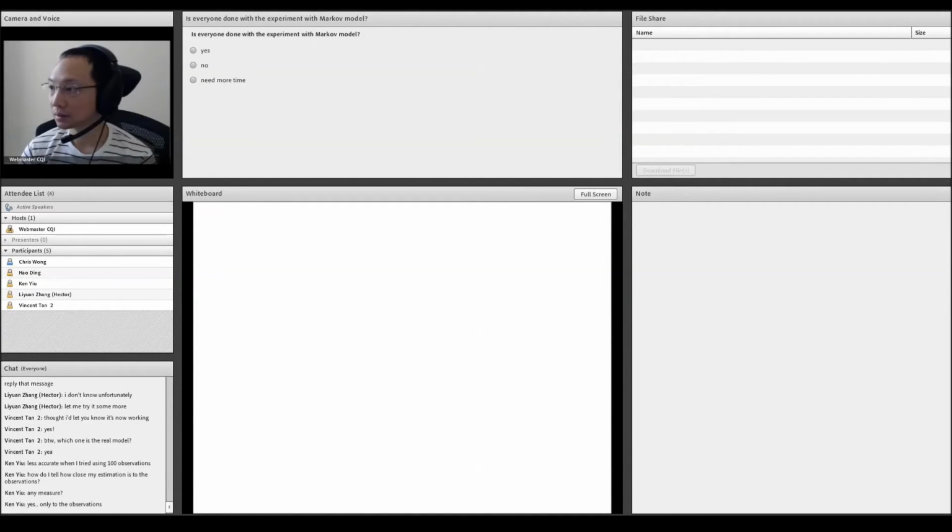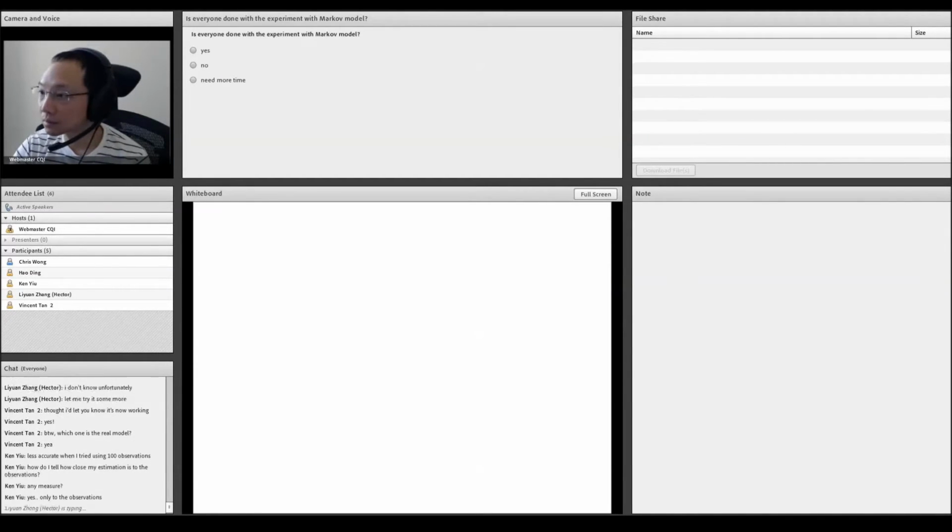The thing that I would like to point out is that there are a few important things. Like if you have 100 observations, then the estimation is not good. Well, let's see. I don't know whether it's good or not. So if I have only 100 observations, oh, it's because I have extreme values.